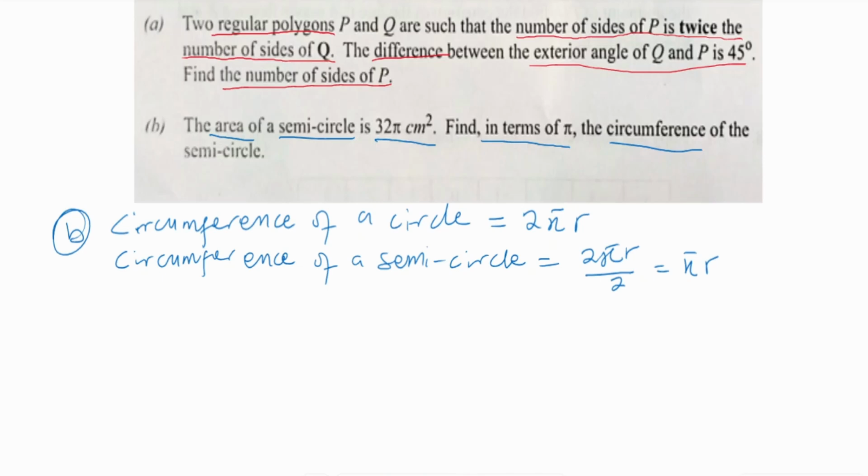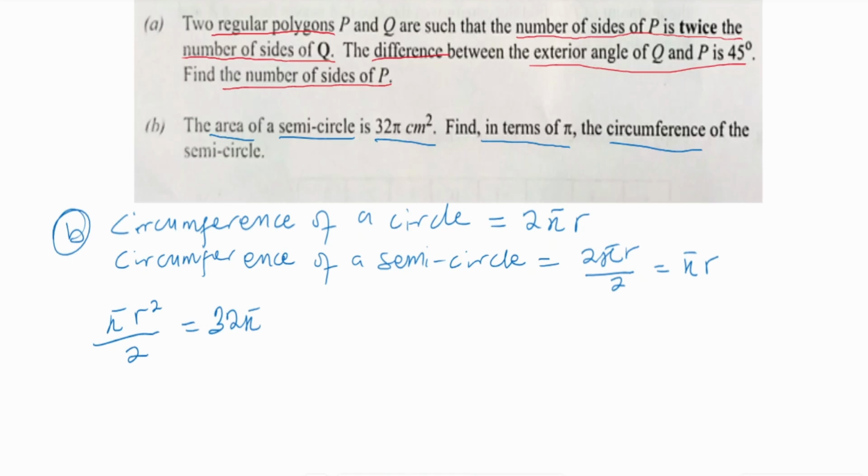So we start right with the area of a circle, which is pi r squared. But because we are solving for the area of a semicircle, it means that will be divided by 2, because a semicircle is half of a circle, right? Good. And the question says that equals 32 pi, right?